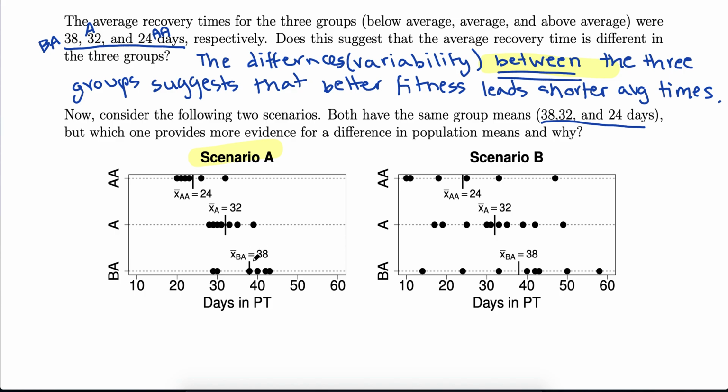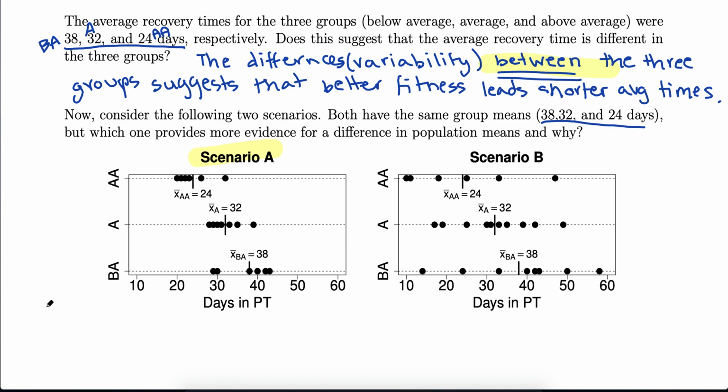They're not as spread out. Scenario B has a lot more variability, or variance, or differences within each group. So it looks like in B, this 24, 32, 38 could just be random. If I did this again, I might get something different. Here, it doesn't appear to be as random. It possibly represents a true pattern, because they're more consistent, not as spread out within each group. So that's our second layer of variability.